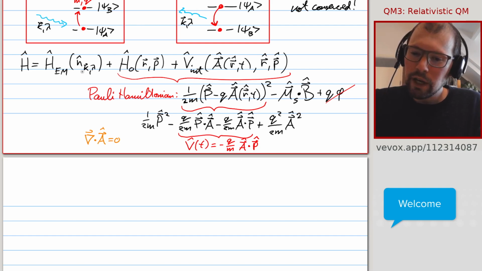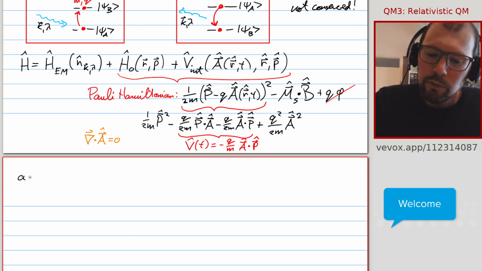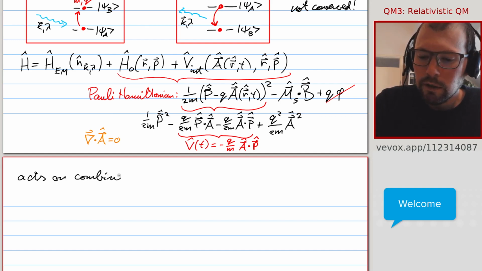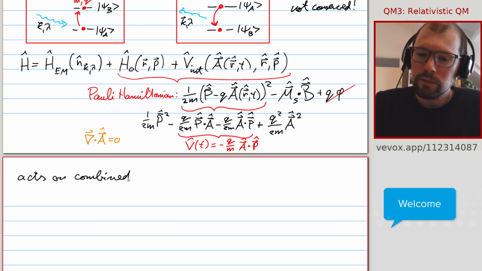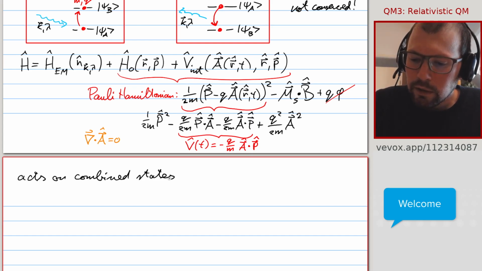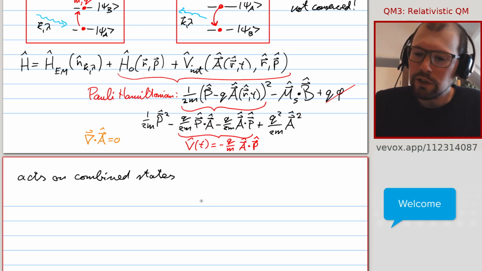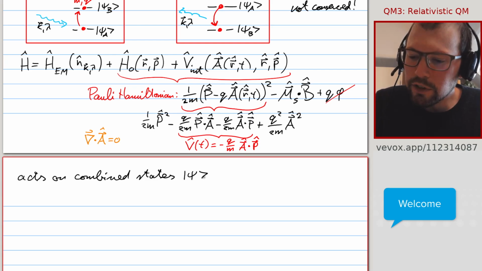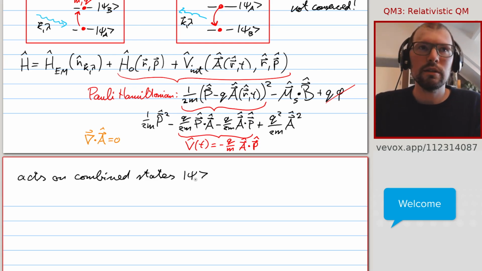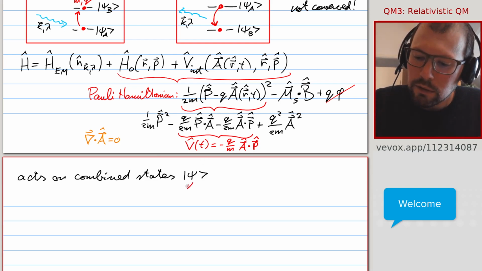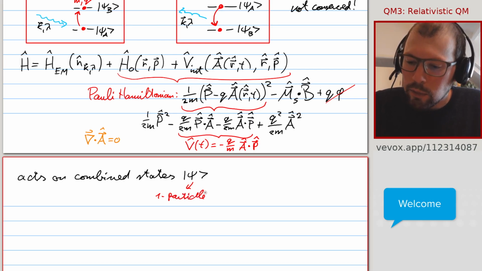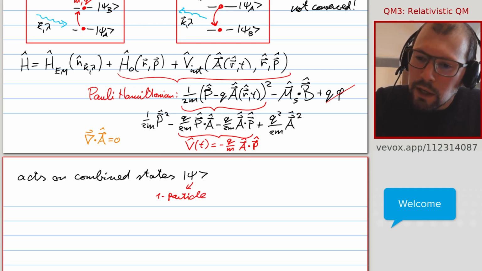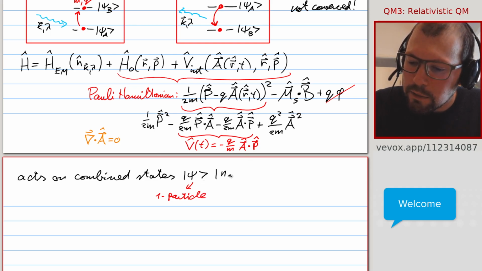Okay, so we have these operators, and they act on the combined state of both the photons and the particles. So what do they look like? Well, they are a linear combination of pure states for just the one non-relativistic particle and the multi-photon states.